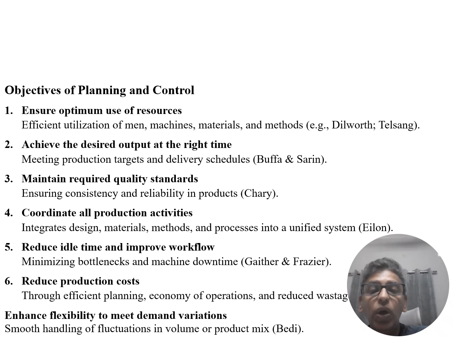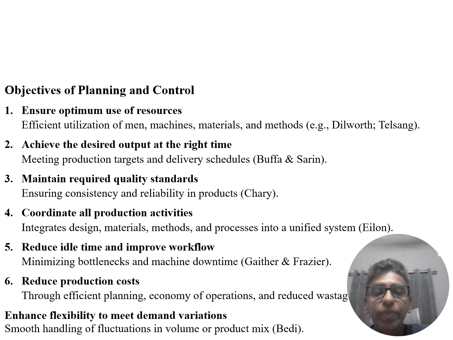Maintain required quality standards, ensuring consistency and reliability of products, particularly whether it may be dimensional inspection or functional. You can check the mechanical properties, say for example tensile strength, compression strength. So these are all the different quality standards you have to ensure as far as the metal is concerned.